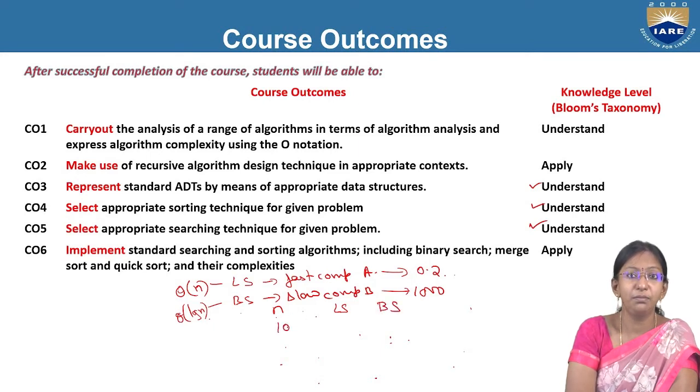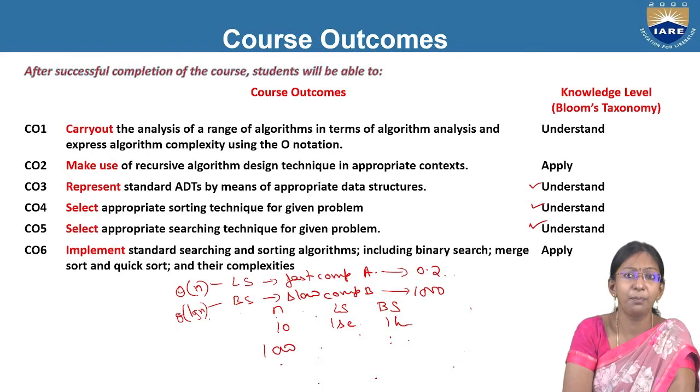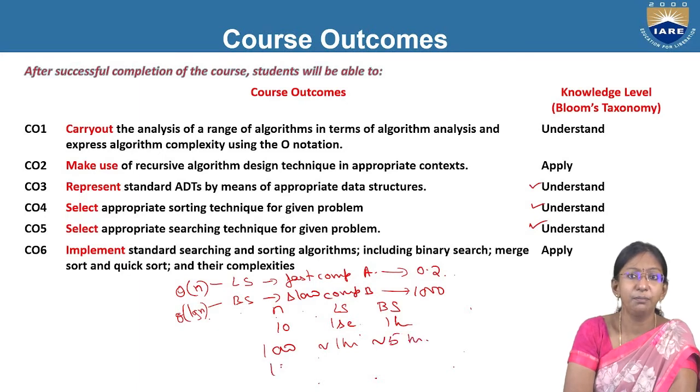Say if 10 elements are given, within a second linear search is going to give the answer, and binary search may take a much larger amount, say 1 hour. If it is 100, it will take approximately 1 hour, and this will take approximately 5 hours. If it is 10^6, it will take approximately 5 hours. This will take approximately 5.5 hours.